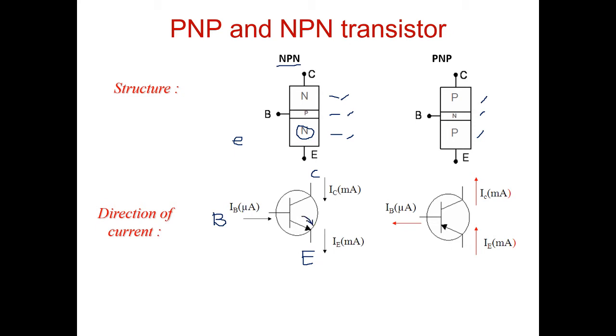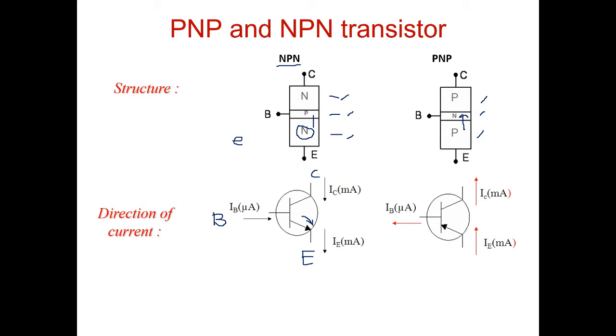For the PNP type of transistor, the arrow is from the emitter to the base. It is different compared to NPN because here you have P to N, with P at the emitter part and the base being N type.